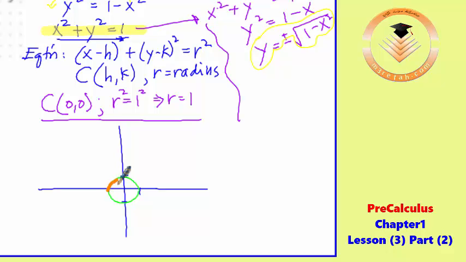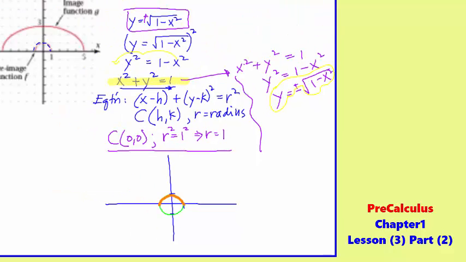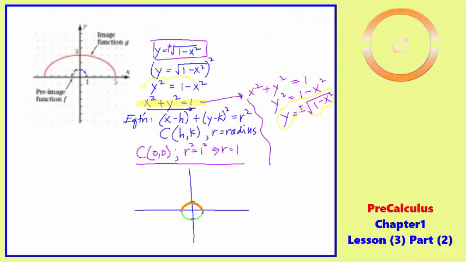We are only concerned with the positive part. So it's a semicircle with a radius of 1 still. Now the pre-image function is actually a semicircle taken from a circle function, a circular function.